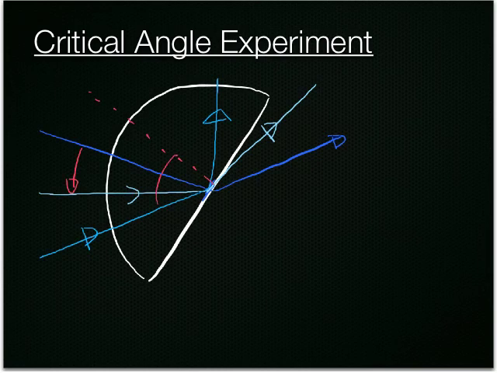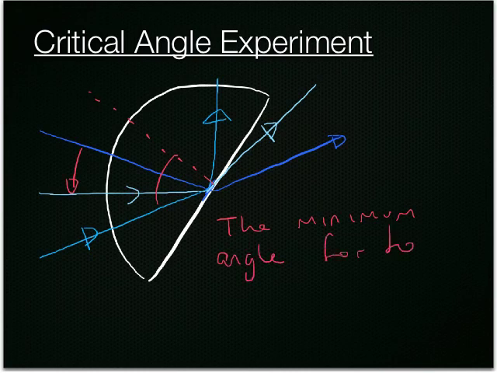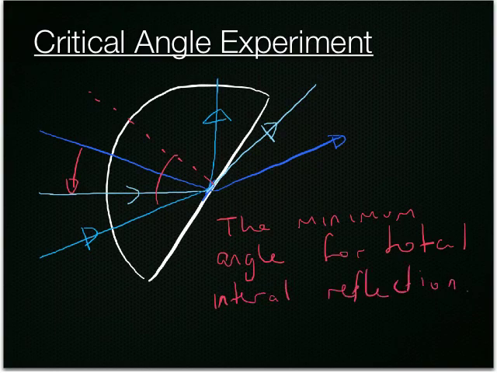So this is the minimum angle for total internal reflection. Remember, the angle is always from the normal.